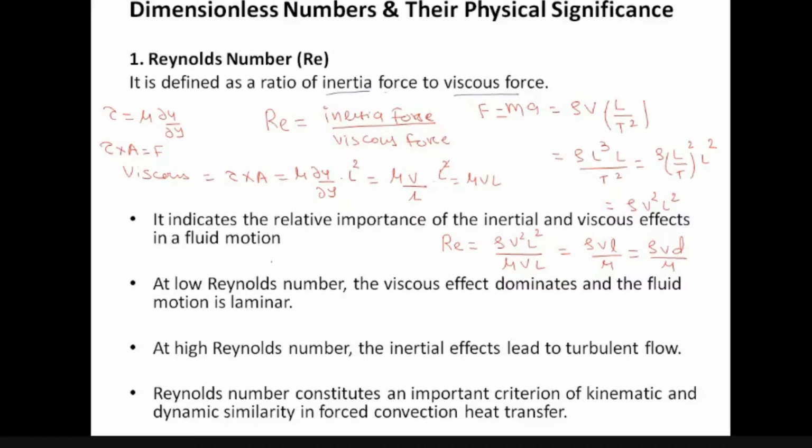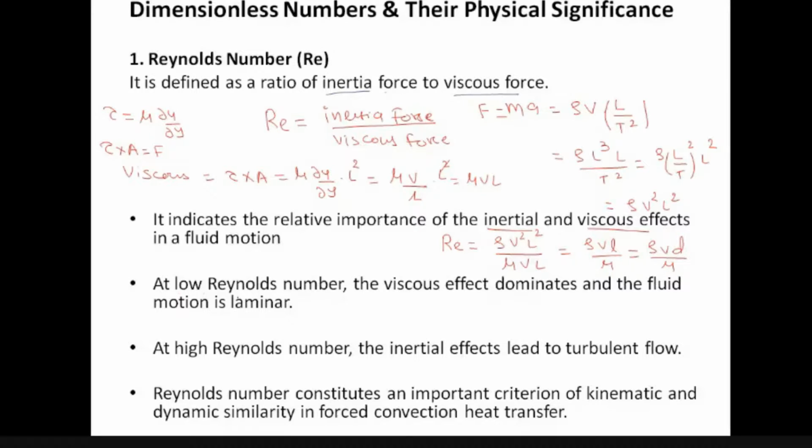Reynolds number is a very important number, and it indicates the relative importance of the inertia and the viscous effect, meaning which one is dominant. Suppose fluid flow takes place; based on the Reynolds number you can identify which force has more importance in the flow analysis, either the inertia force or the viscous force.